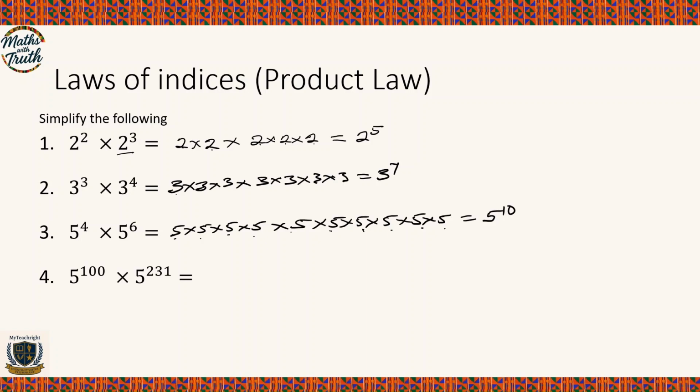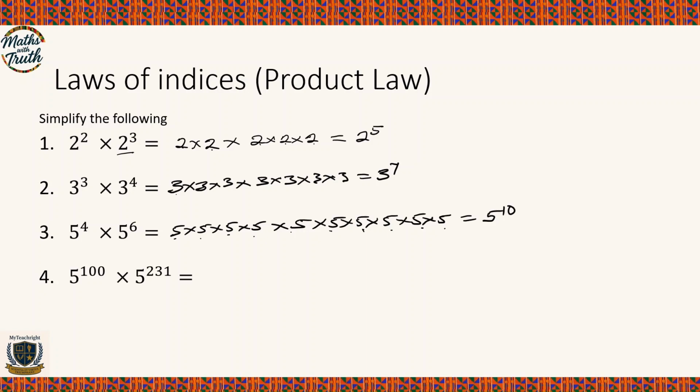Now, if we even have the time to write this, the space to write 5 times itself, 100 times, 5 times itself, 231 times, and then count everything, it's going to take us a whole lot of time and it's going to occupy a whole lot of space. In exam conditions, the exam will be over by then.